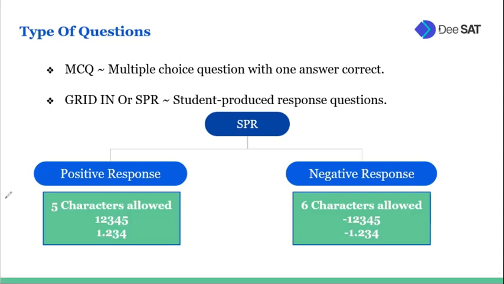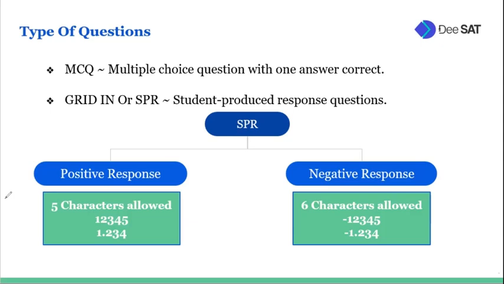So a response is whatever we write on the keyboard and it gets printed on the screen, represented as a positive response or a negative response. Now, what is a positive response? A positive response is basically when my answer is greater than one, right? And five characters are being allowed. Characters itself means that whatever we are typing on the keyboard, if it gets printed on the screen, it's a character.